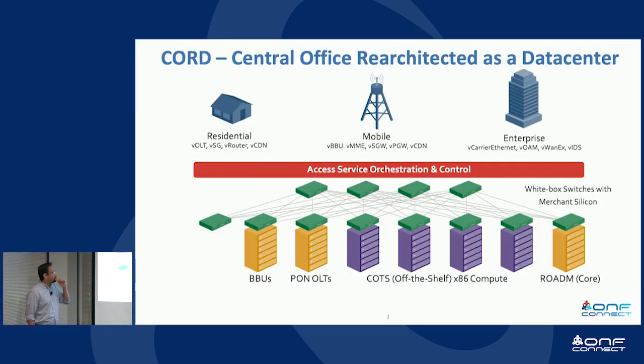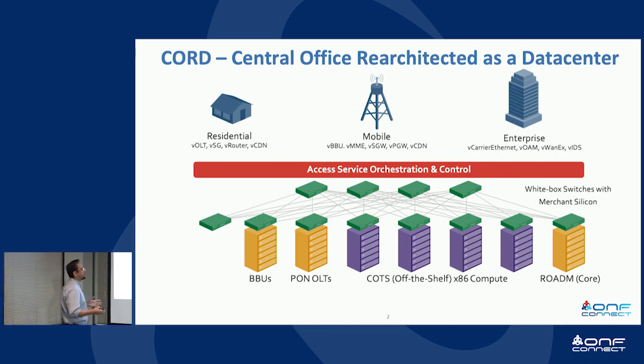So let's start things off by talking about what we call CORD, or central office as a data center. Now as you know, telecom operators, cable operators, they have a lot of these locations very close to the end user, those end users being residential end users, mobile end users, as well as enterprise or business customers.